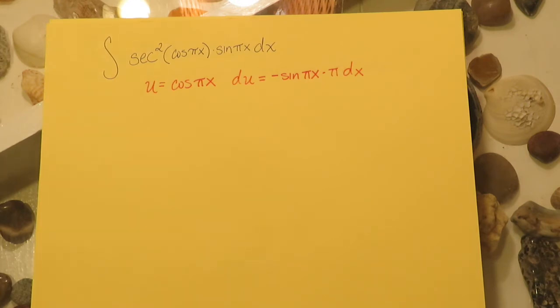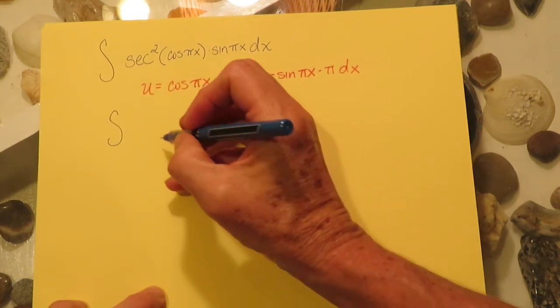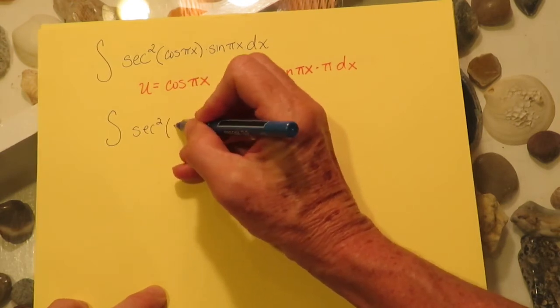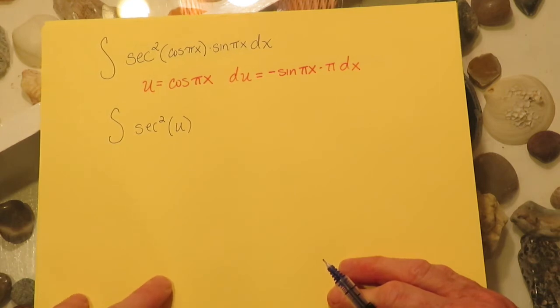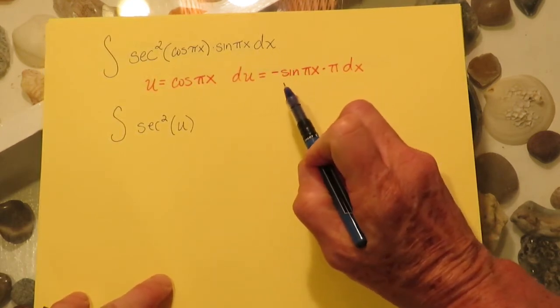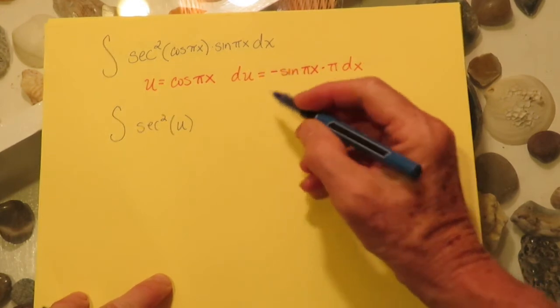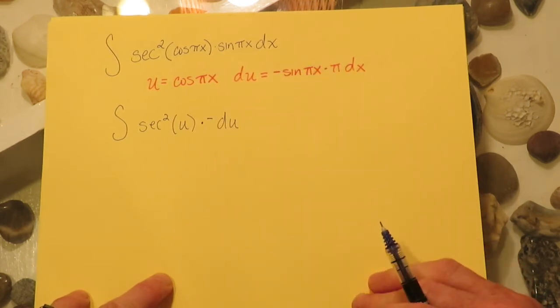So I am trying to find the antiderivative of secant squared, and I've called cosine of pi x u, and then notice sine of pi x dx is what's left, and that's the opposite of du, so times negative du.